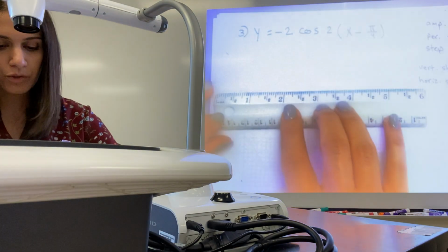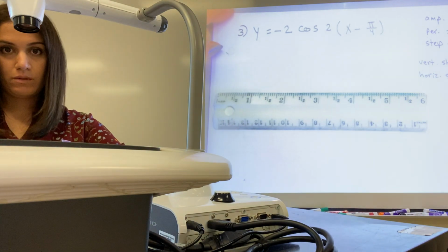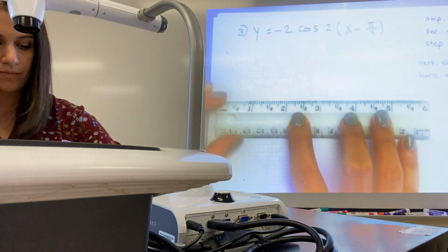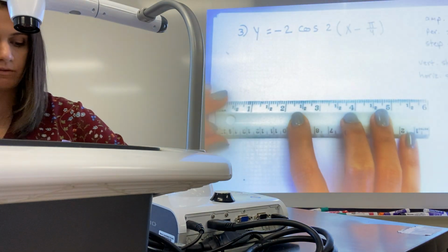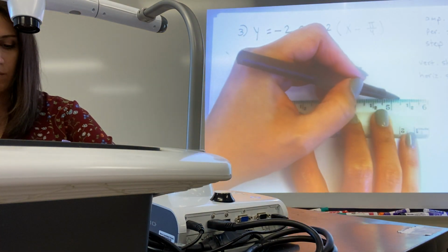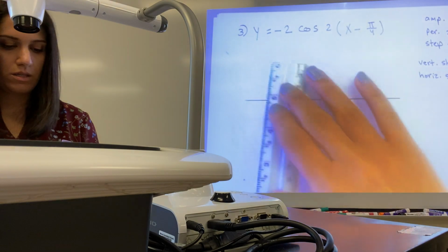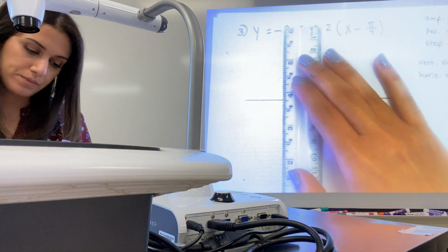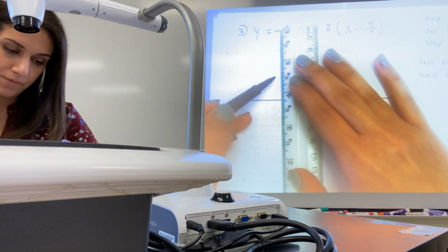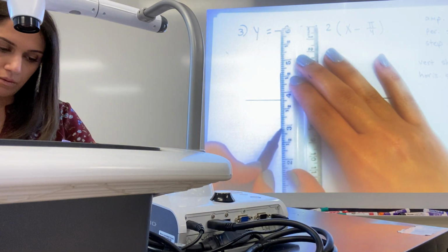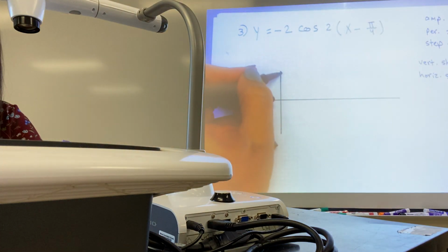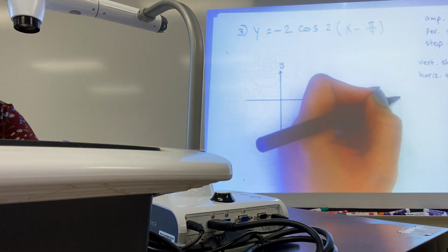So I'm going to graph my function. We said that we don't have vertical shift this time, but we have horizontal one. Let's see. So here's my regular x and y axis.